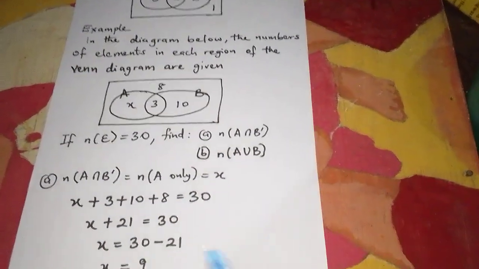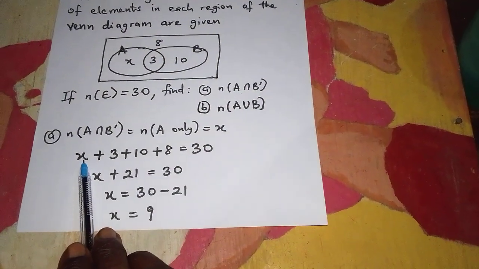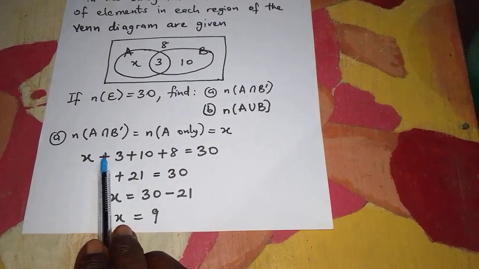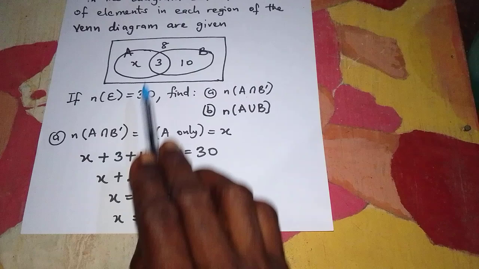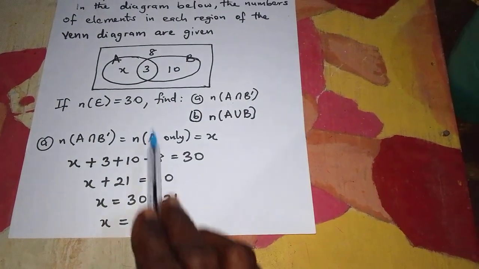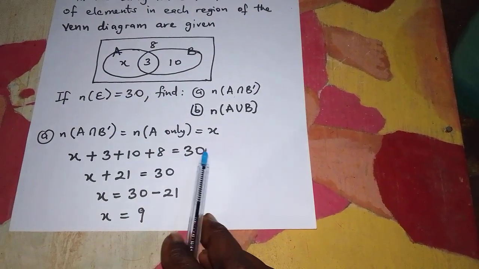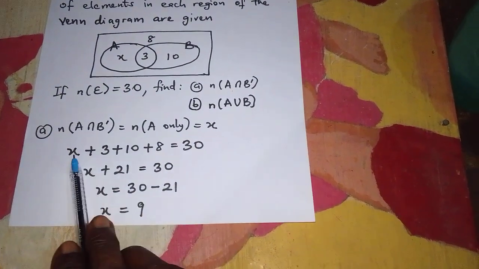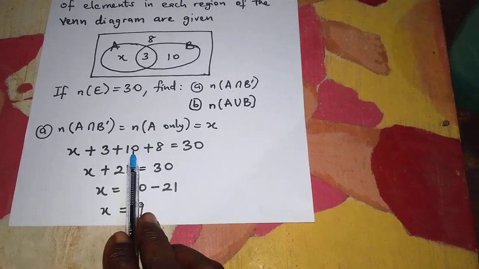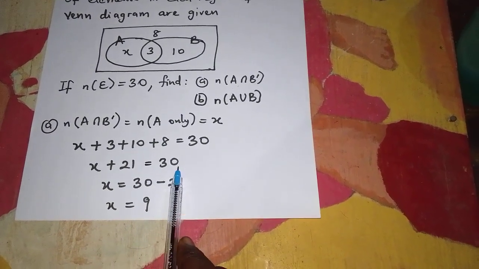So our A only is X, plus A intersection B 3, plus B only is 10, plus A union B complement is 8. Everything should be equal to 30. So that means we have 3 plus 10, 13, plus 8, 21. X plus 21 equals 30.